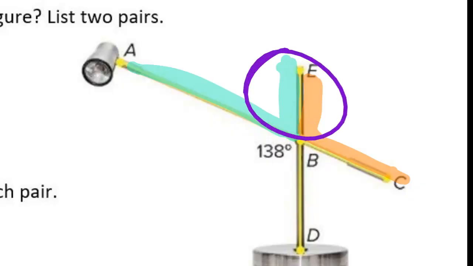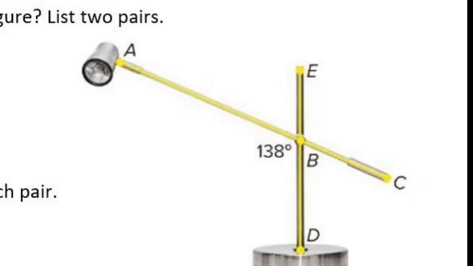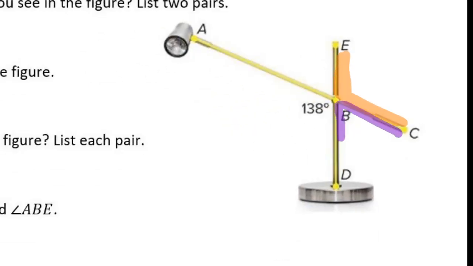Do you see how they share this side right here? That makes them adjacent angles. All right, EBC, this angle right here, and CBD, this angle right here. They share this side, so they are adjacent angles. So there's two pairs right there.